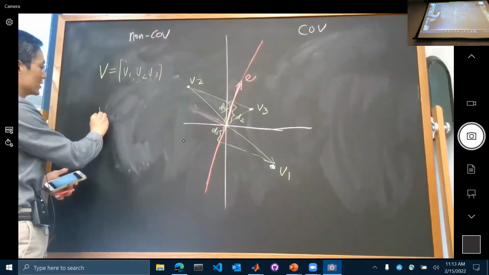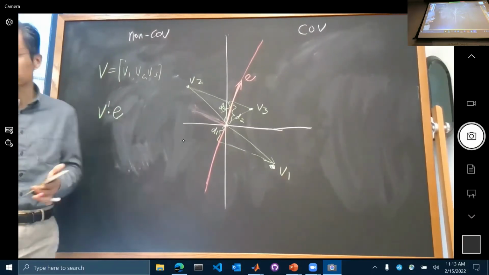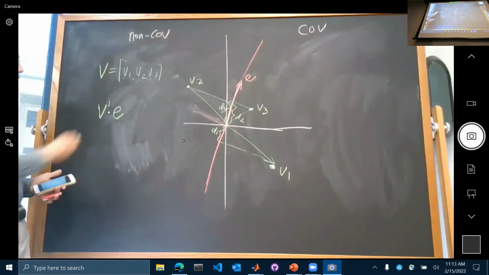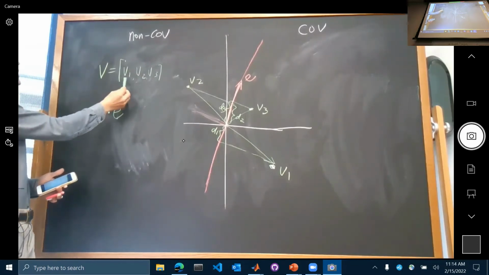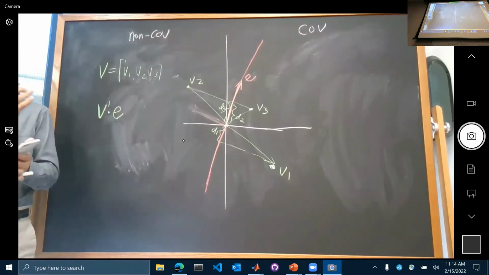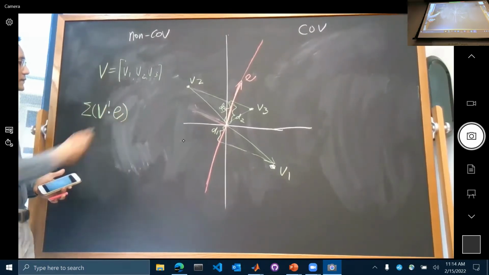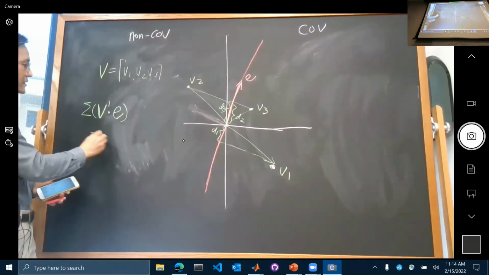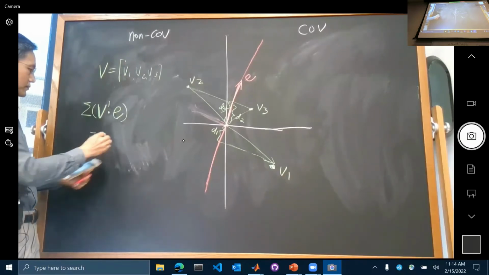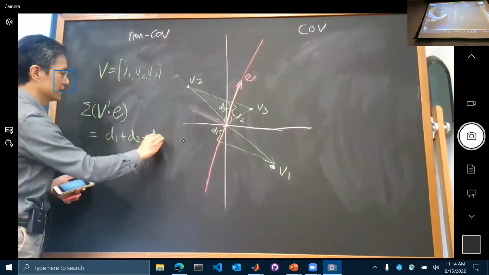So I will do a dot product. Actually, I have to transpose this as E. Instead of doing the dot product of each one of them by E, I just use the whole matrix times E, and then I do a sum: D1 plus D2, like this way.